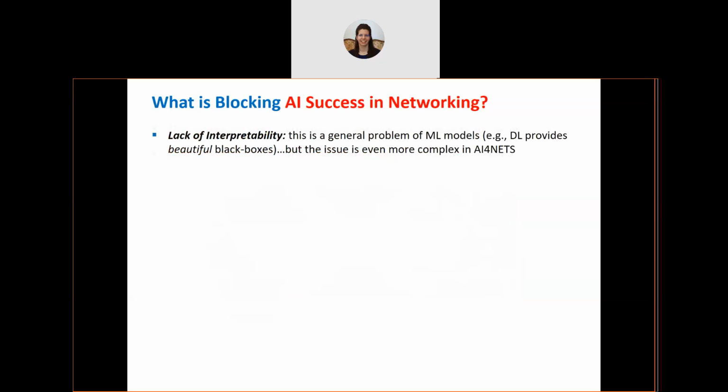So when you have these very deep architectures, it's very difficult to understand the particularities of the model and why things are happening. This lack of interpretability means I might have a black box model that is giving very good performance, but I'm not really sure if the model is working as it should.